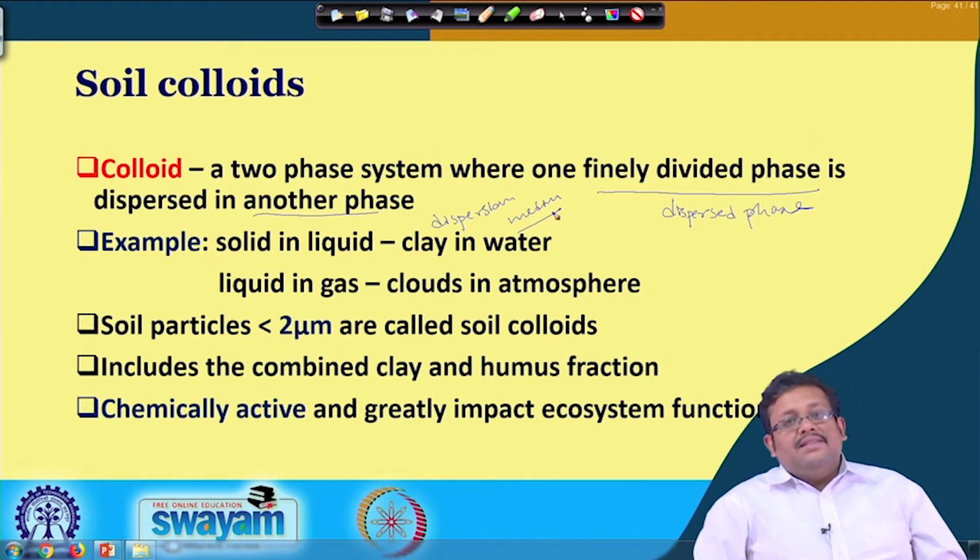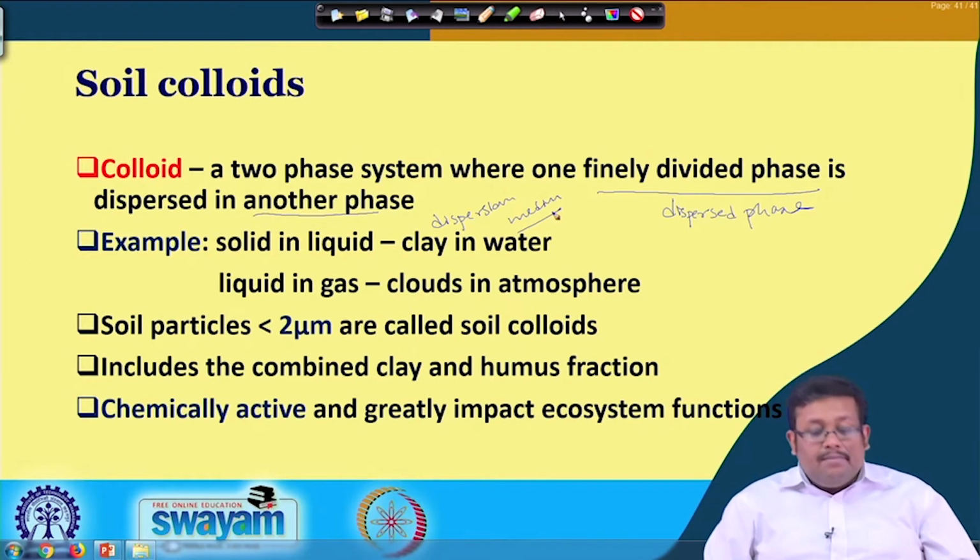Let us see some examples. Some common examples are clay in water, which is a solid dispersed in a liquid dispersion medium, and also cloud in atmosphere, where a liquid is dispersed in a gas.